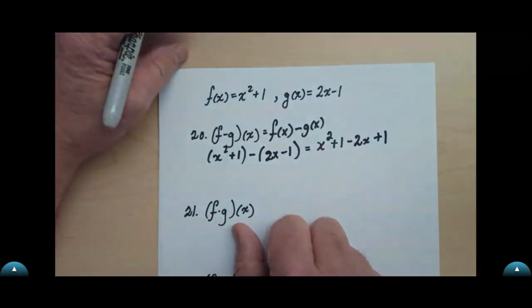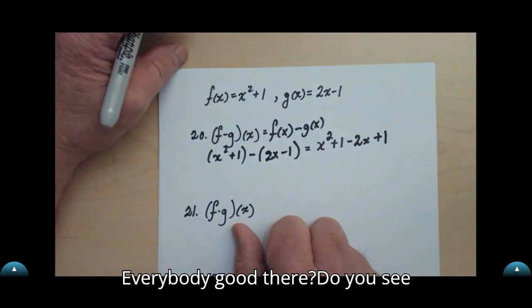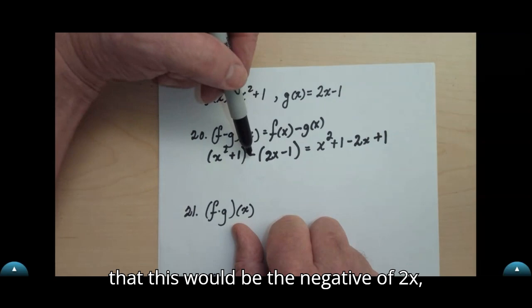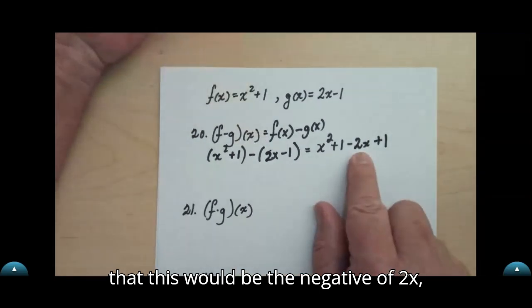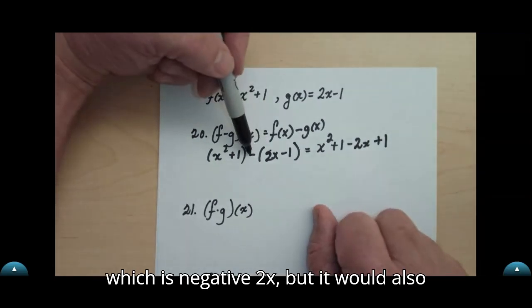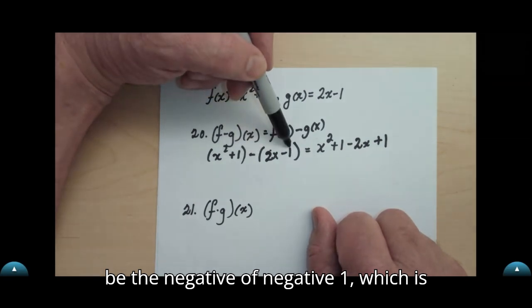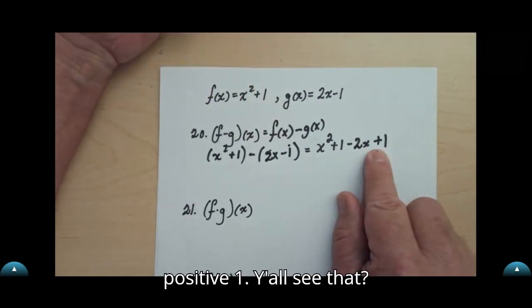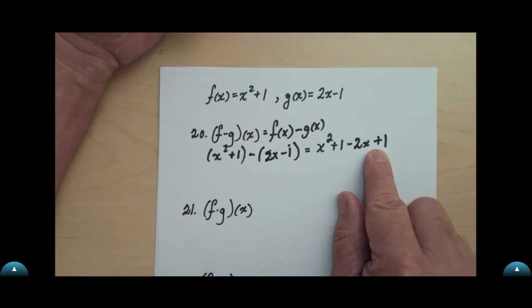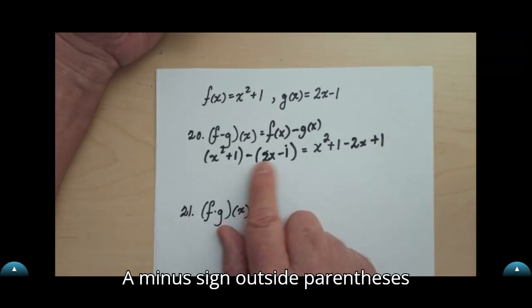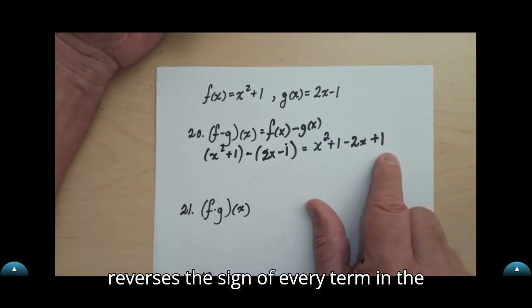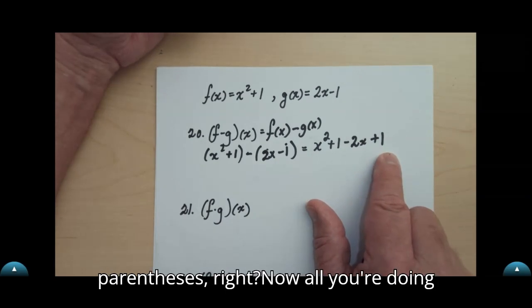Everybody see that? Everybody good there? Do you see that this would be the negative of 2x, which is negative 2x, but it would also be the negative of negative 1, which is positive 1. Y'all see that? A minus sign outside parentheses reverses the sign of every term in the parentheses, right?